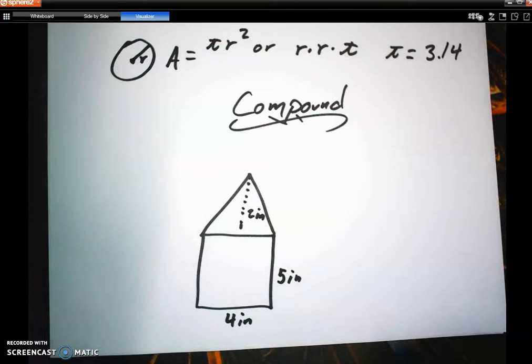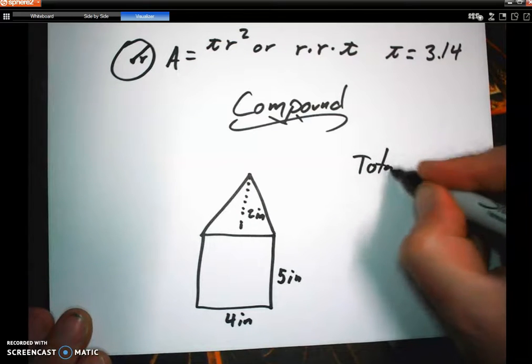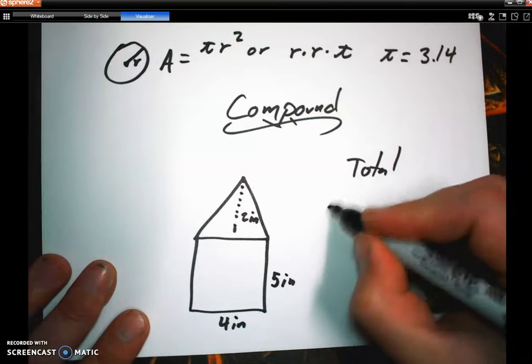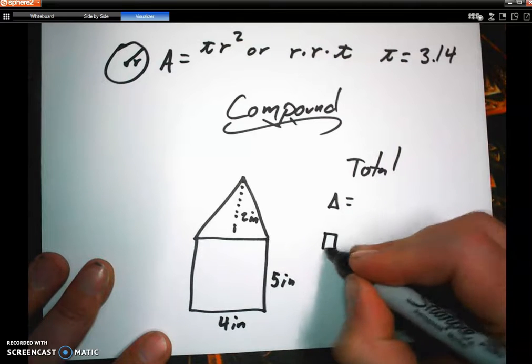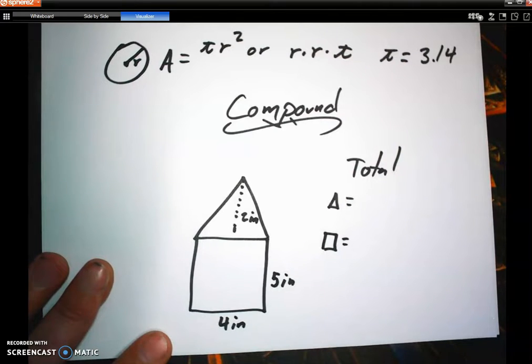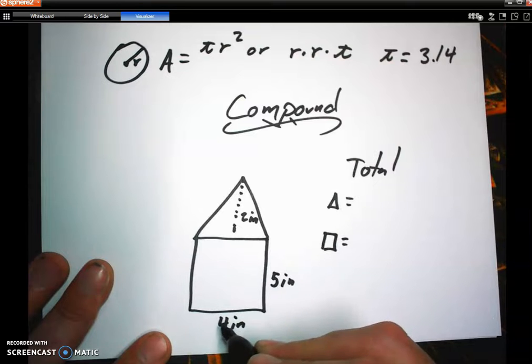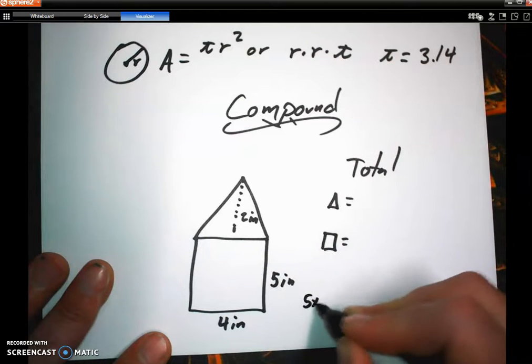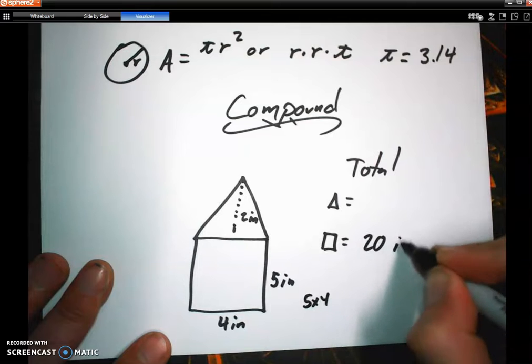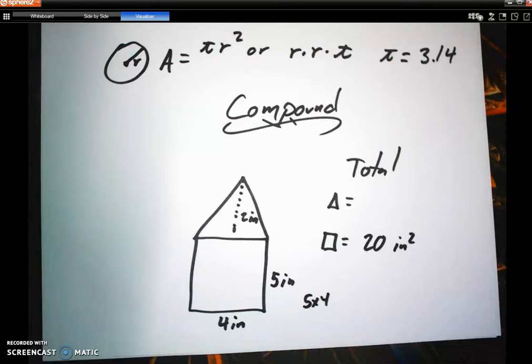So in order to find the total area, I need to find the area of the triangle, and then I need to find the area of the square and add them together. So we'll do the square first. Length times width, 5 times 4, which is 20 square inches.